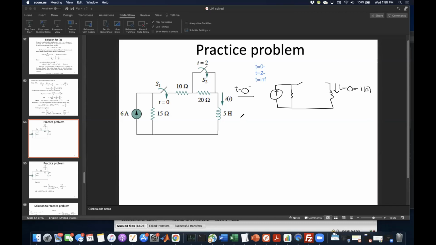Okay, so let's now draw this picture at time equals 2 minus, so right before, after this first switch is closed but before the second switch has. Let's again draw this picture.